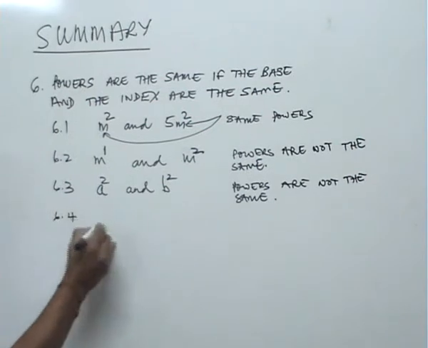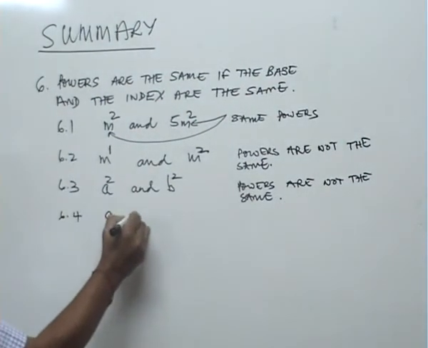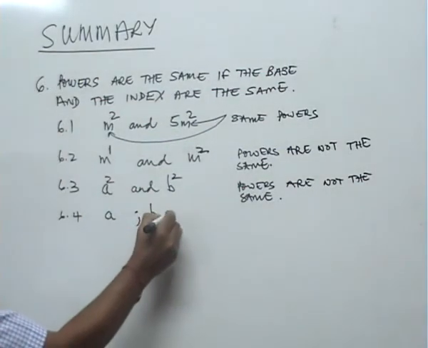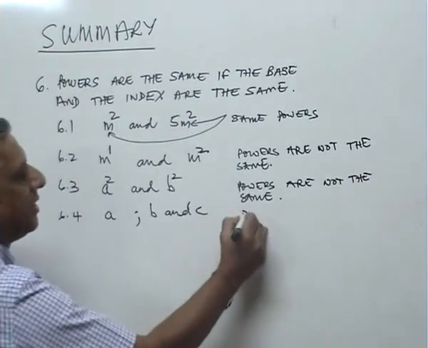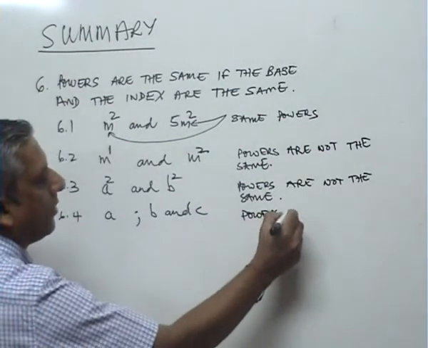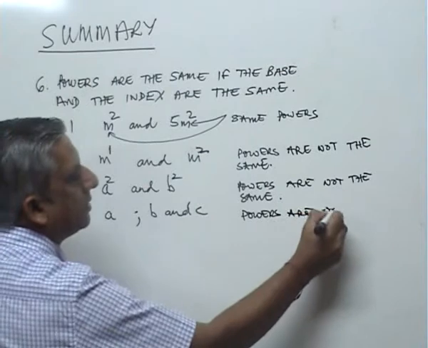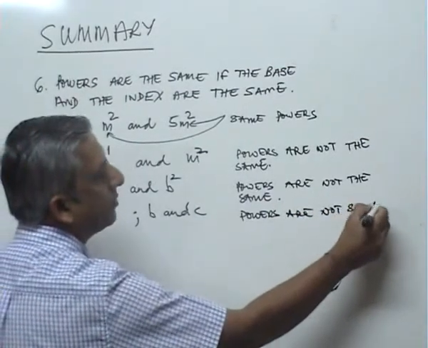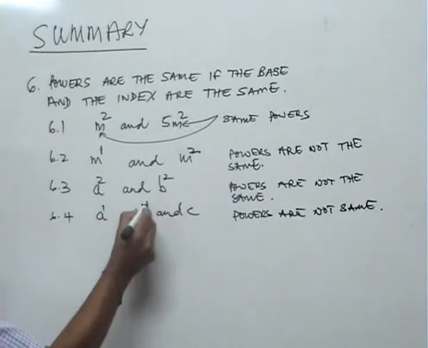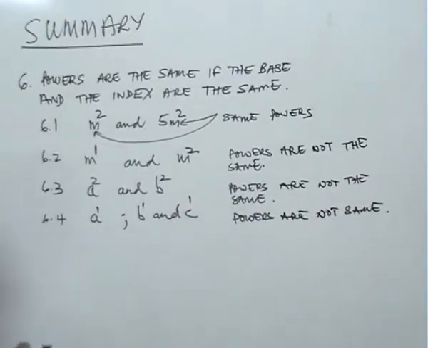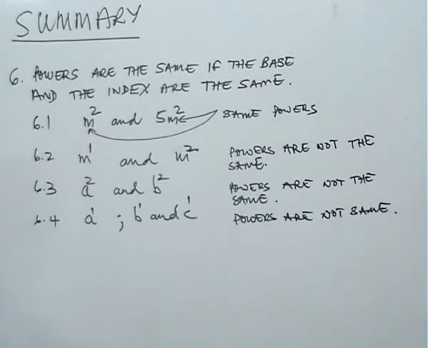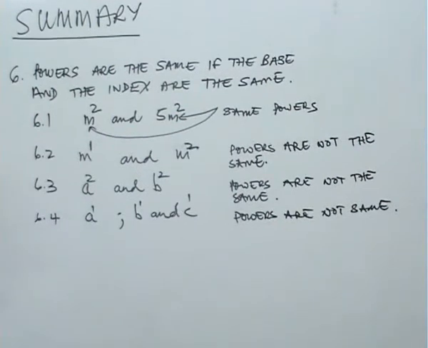And 6.4, A, B, and C, these are also powers, and these powers are not the same, because in all of these, the indices are the same, but the bases are different. Alright, so I think we're quite clear about what are same powers and where the powers are not the same.